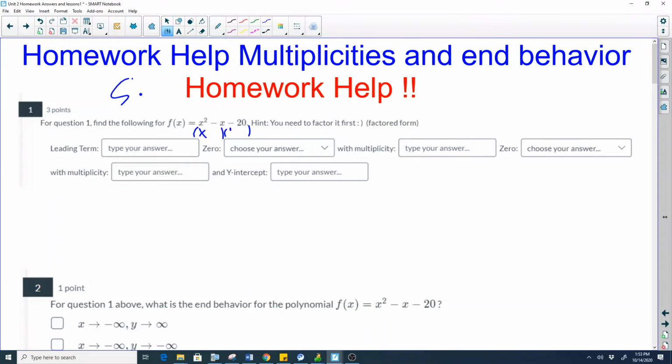So x times x is x squared, and factors of 20 are 4 and 5. Of course, the negative will go with the bigger number. So there's our factored form. Usually we'll give you this problem in factored form, but this one was already multiplied out for you. The leading term is where you multiply those together. So x times x is x squared.